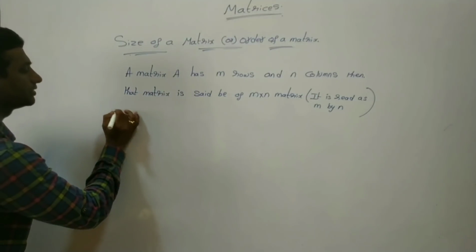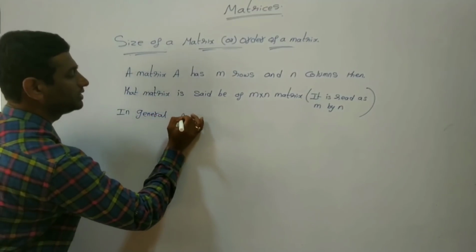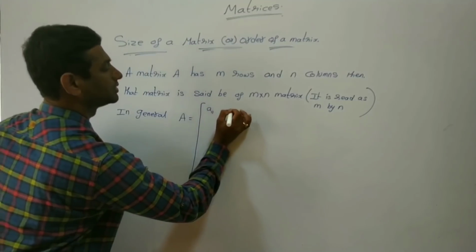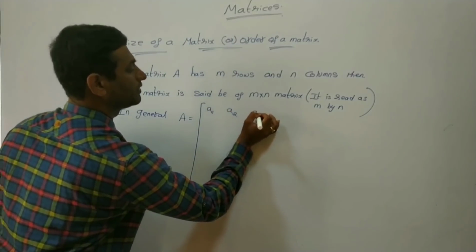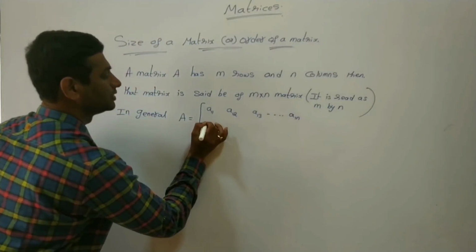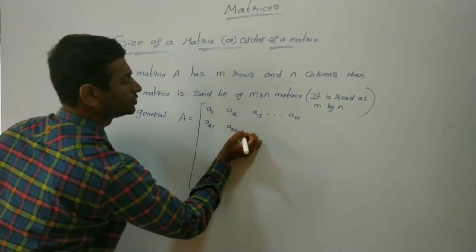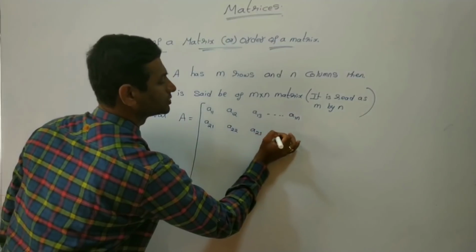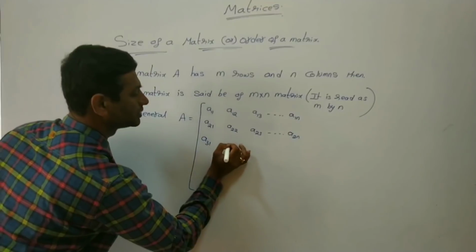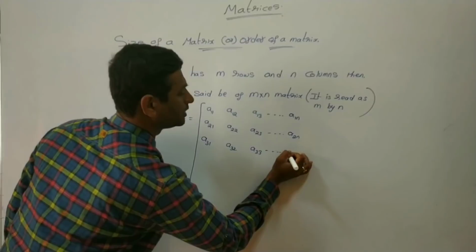Like in general, A is A11, A12, A13, up to A1n. This is the first row. A21, A22, A23, and so on up to A2n, A31, A32, A33, and so on up to A3n.